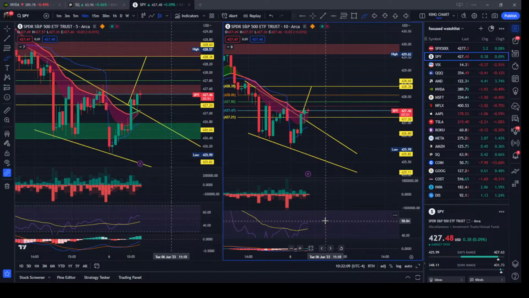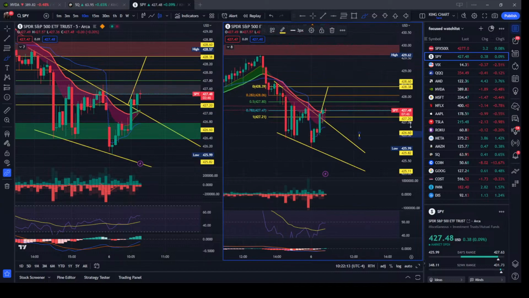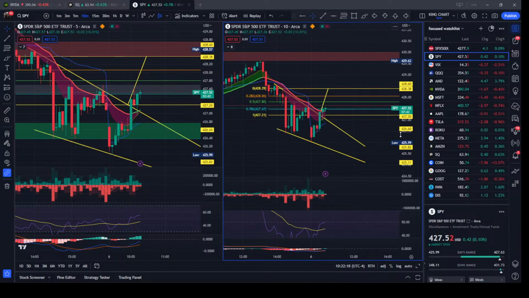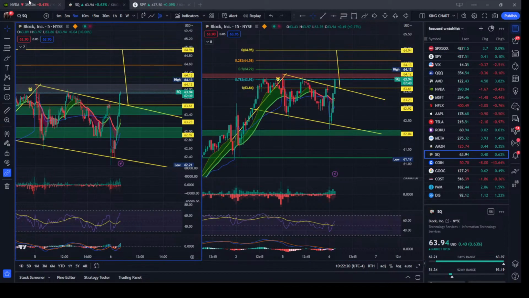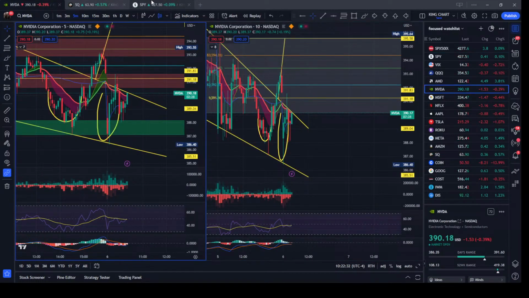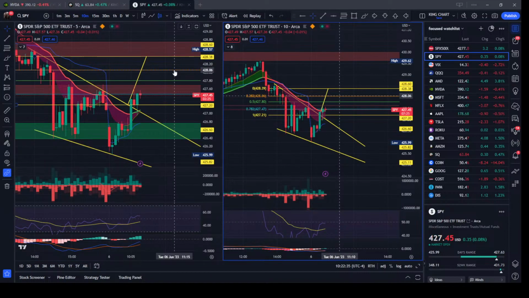Looks really good. The 15-minute is getting ready to break above that 50. Once it does, the moon is ours. If you got in on Square calls when I called it, you would be up at least 6% right now. We are up 6% on those SPY calls as well. Looking good, guys, looking good.